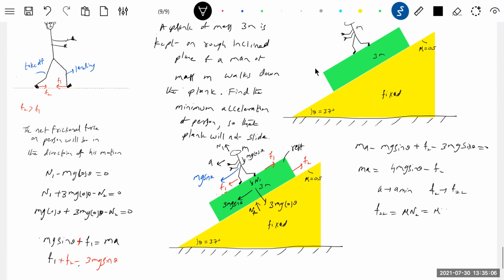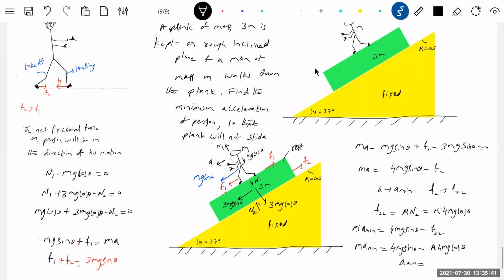N2 will be 4mg cos theta. Let me substitute that. For a minimum, F2L equals mu times 4mg cos theta. Solve this, we'll get that minimum acceleration.